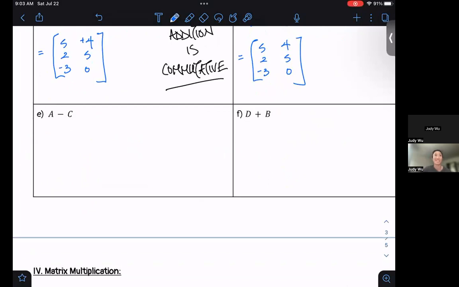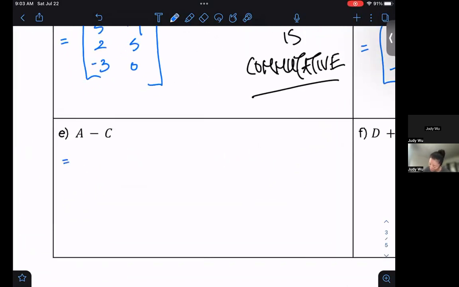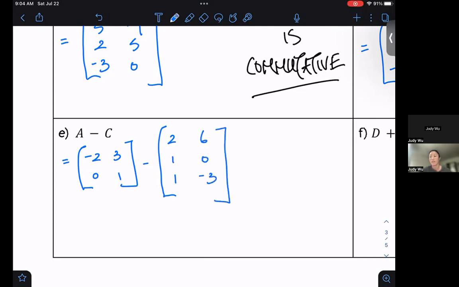All right, let's take a look at these last two. A minus C. All right, so I'm going to copy down the matrices A and C. Let's plug those in and let's see. So A was negative 2, 3, 0, and 1. And C was 2, 1, 1, 6, 0, negative 3. Okay.